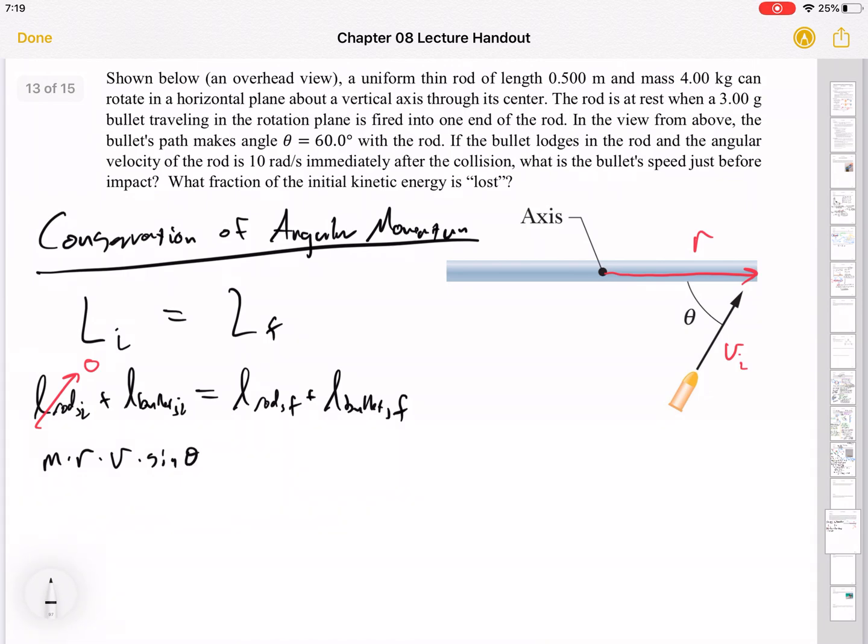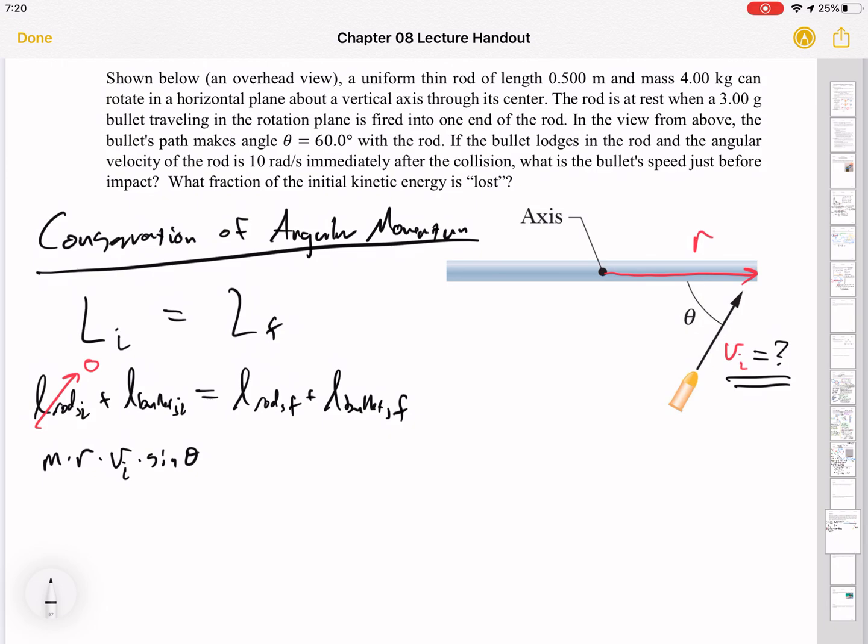All right, that theta is 60 degrees. I'm given that. V is, I think we're given that. Oh no, that's what we're solving for. Awesome. So V initial equals question mark. That's what we're looking for. But I know omega final.